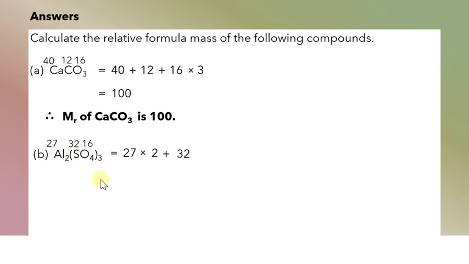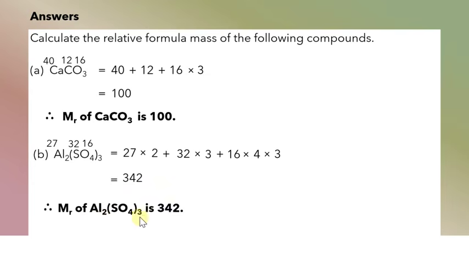So sulfur is 32 times this 3 outside the brackets there. Then we'll shift to oxygen, we'll say plus 16. Now because there's a 4 immediately after oxygen, we'll say times 4. Because oxygen is also inside the brackets where outside of it we have 3, we'll say times 3. So when we evaluate everything here, we'll get 342. So therefore the relative formula mass of aluminium sulfate is 342.